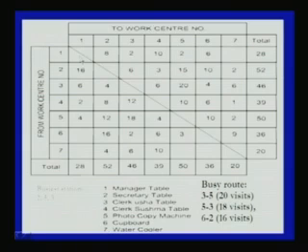In addition to these, there are a number of square boxes. Each box indicates one station, like this box indicates one station, this another station, and so on. These are indicating the station numbers, and the numbers in each box indicate the number of visits being made from one particular station to another station.